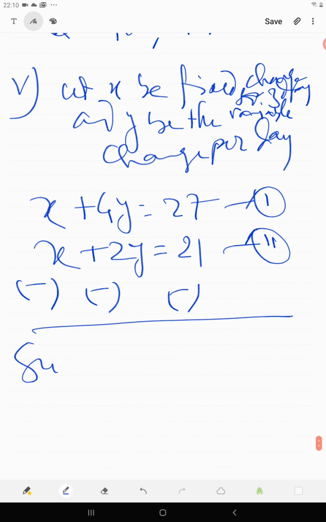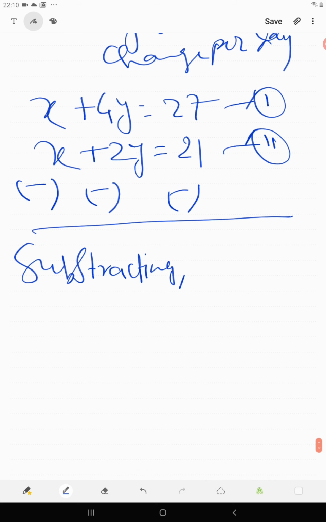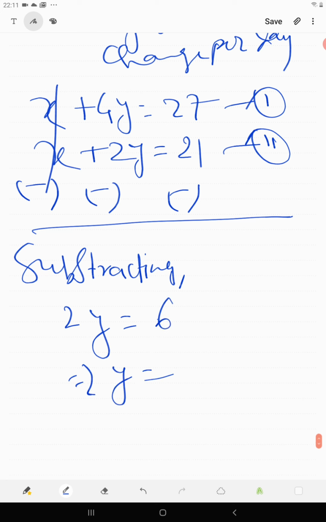Multiplication with 1 is the same as nothing to multiply. x cancels out, then 4y minus 2y is 2y equals 27 minus 21, which is 6. So y equals 6 by 2, 2 threes are 6. So we got y equals 3.